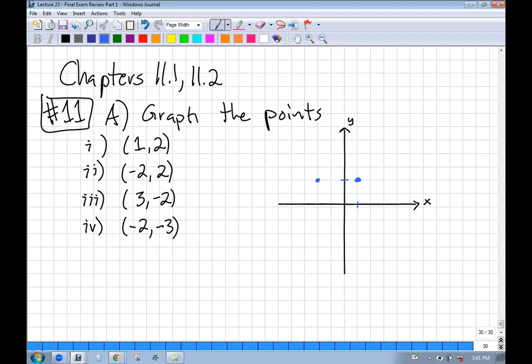Boom. There's I. There's 2i. Over 3, down 2. So here's the I. And then back 2, down 3. So there's your IV. Boom.